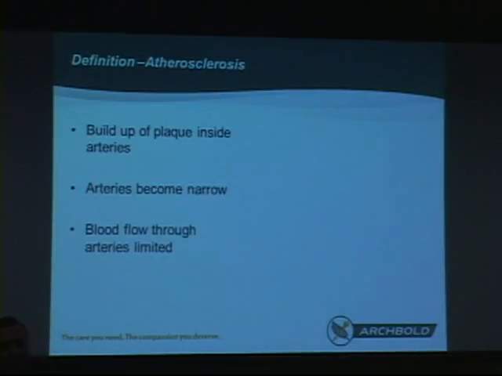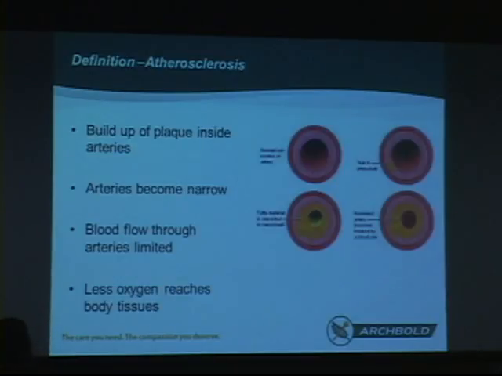And then obviously, towards the end, you're going to have significant decrease in blood flow to the tissues, to your bones, to your muscle, to your stomach, to whatever areas we're talking about, including the brain. And then that leads to less oxygen to the tissues.